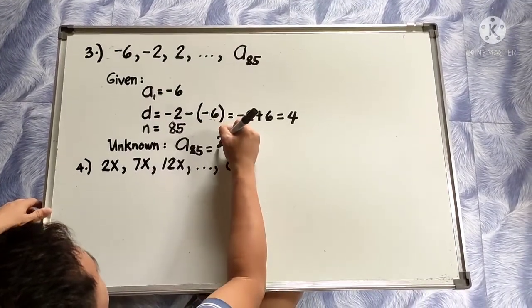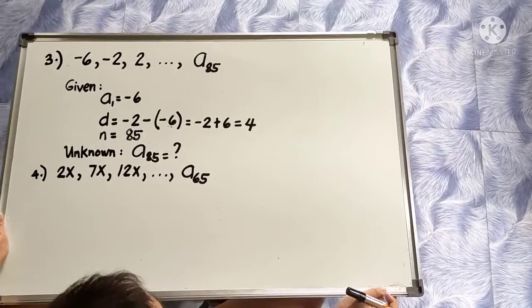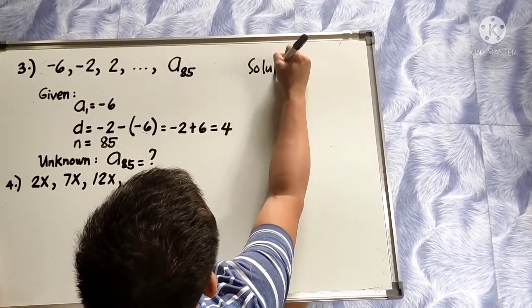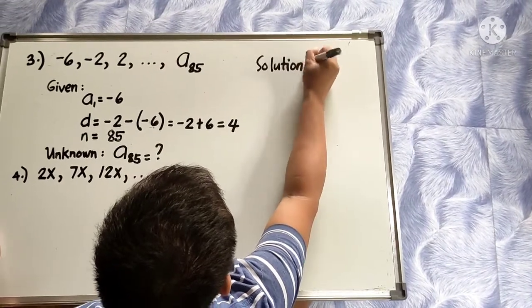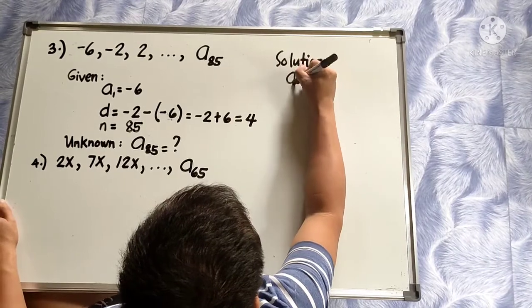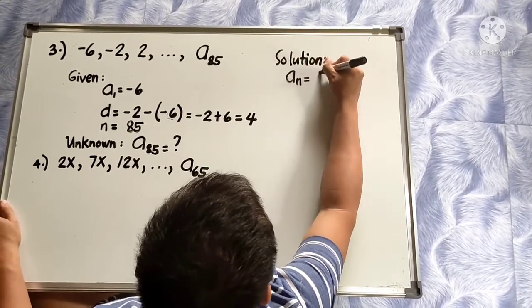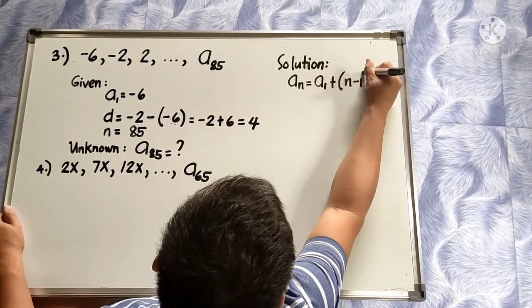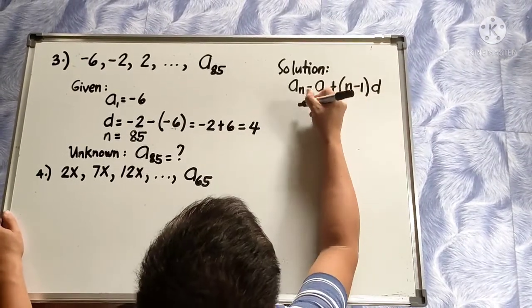So now let's proceed to our solution. We are now ready to solve if we have already identified our given. So I start with the formula. A sub n is equal to a sub 1 plus the quantity of n minus 1 times d.